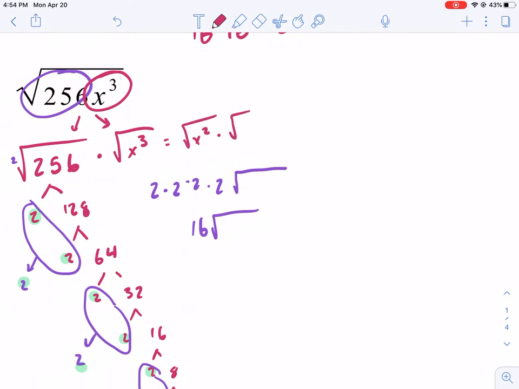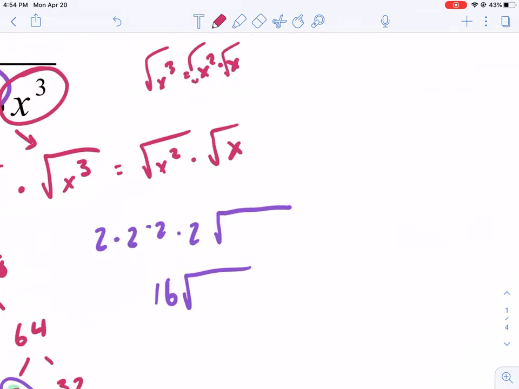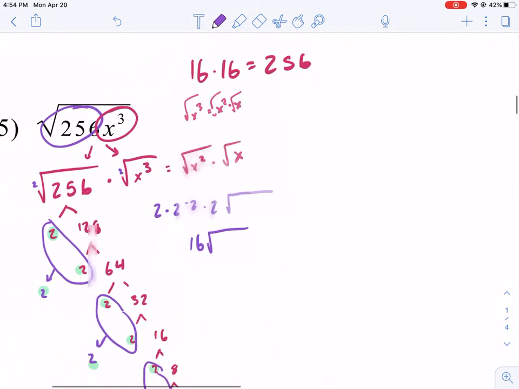So we could rewrite x cubed as x squared times x. Since we're taking the square root of x cubed, we can write it as the square root of x squared times x. Why do we choose the biggest power divisible by 2? Again, because it is implied that there's a 2 here, the second root, the square root.